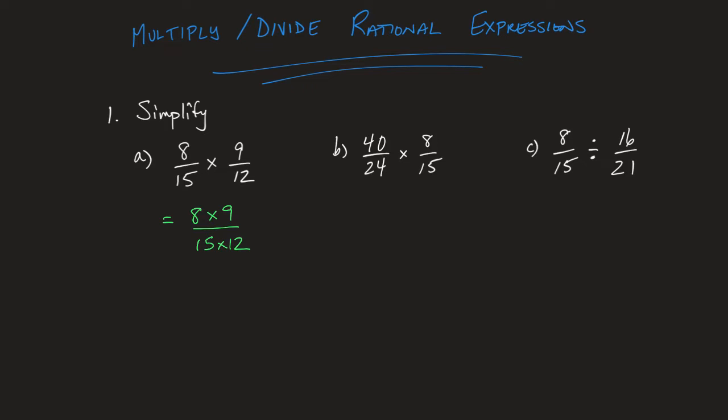I'm hoping that very few of you actually calculated 8 times 9 and then calculated 15 times 12. So 10 15s is 150, 2 15s is 30, that's 180, and then had to spend time trying to reduce that fraction.